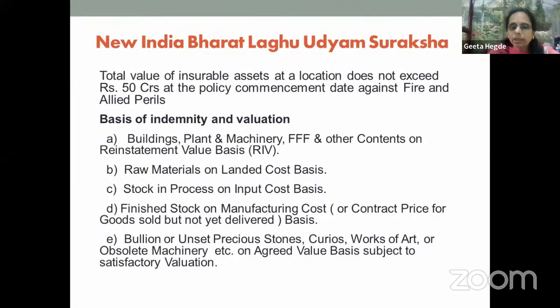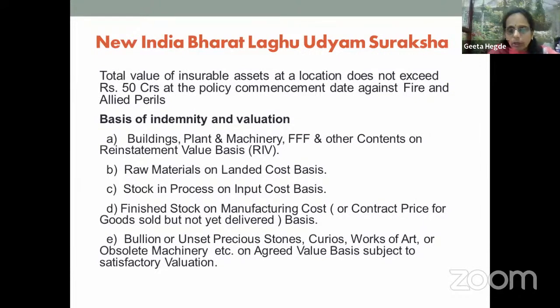So, building, plant and machinery, FFF and other contents on reinstatement value basis, whereas raw material on landed cost basis, stock in process on input cost basis, and finished stock on manufacturing cost basis or contract price basis. What is contract price? Where the goods are sold but not yet delivered.